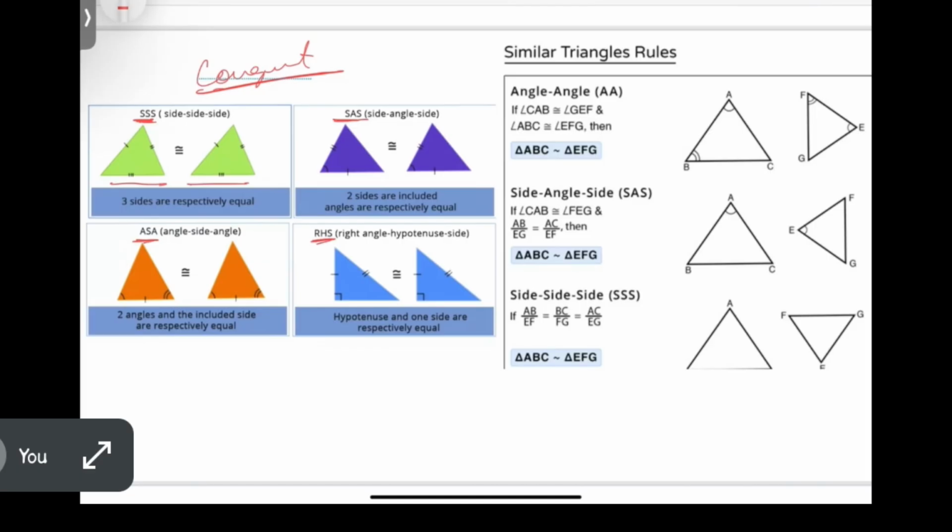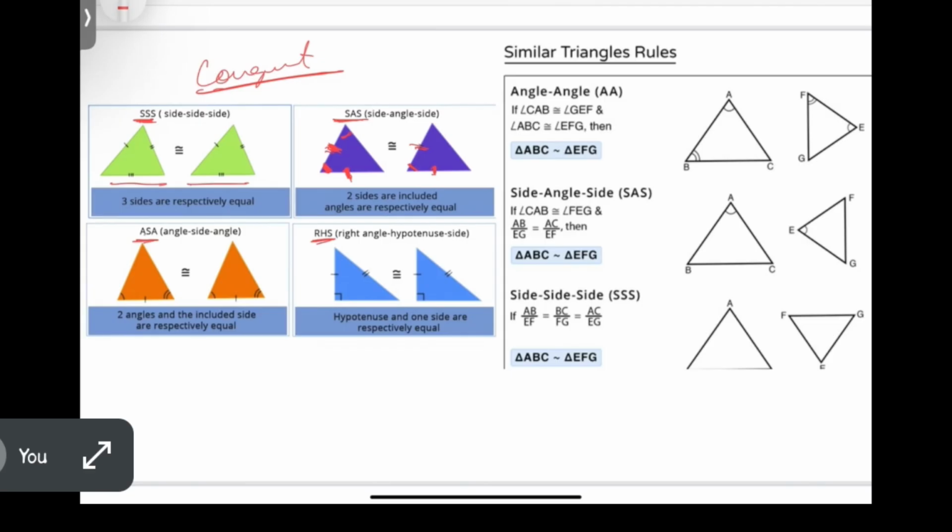And if one side is the same, and one angle, and another side is the same, that means this side and this side are the same, and this angle is the same, and this side and this side are the same, we say these two triangles are congruent by side-angle-side. Remember, it has to be continuous. That means if this is a side, this is the angle, and this should be a side. I cannot use side, side and then an angle there. So it has to be continuous. So this criterion we call side-angle-side. Another criterion is angle-side-angle, and the other one is right angle-hypotenuse-side.